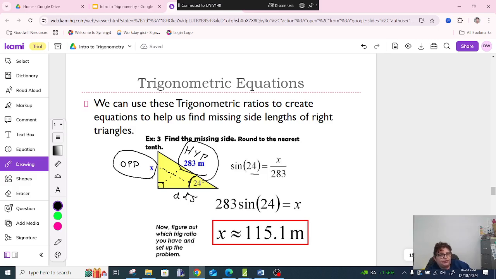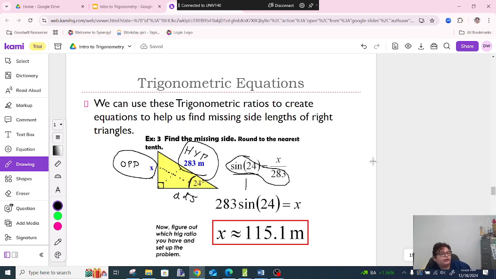Now you're just cross multiplying. So I'm multiplying 283 times sine of 24 and x times 1. I usually put the number in front of the trig function because sometimes people forget to close the parentheses and then they get the wrong answer.